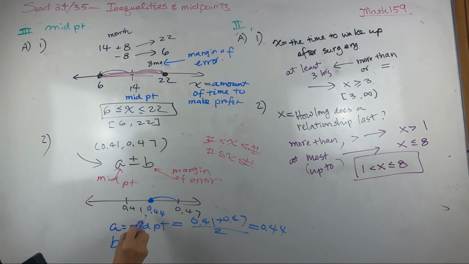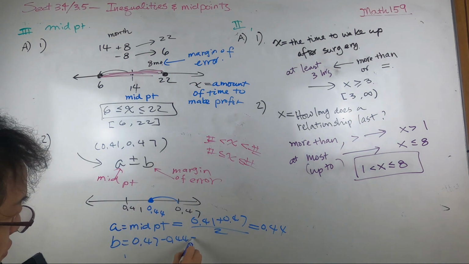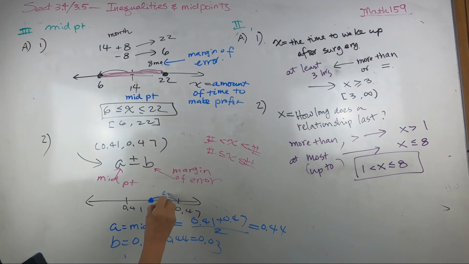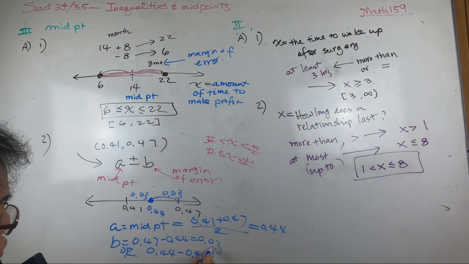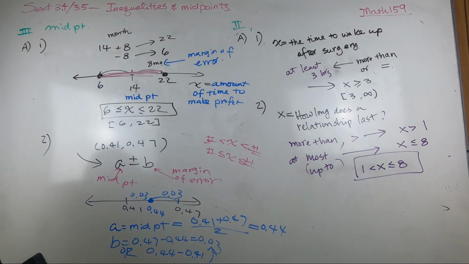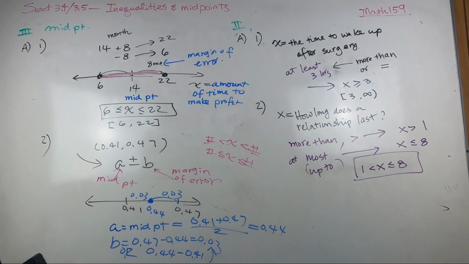If this is 0.44, how much is it from 0.44 to 0.47? So your b should be the difference, right? 0.47 minus 0.44, so it should be 0.03. Or you can do 0.44 minus 0.41. You should still get 0.03, right?